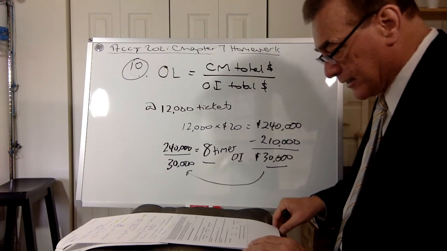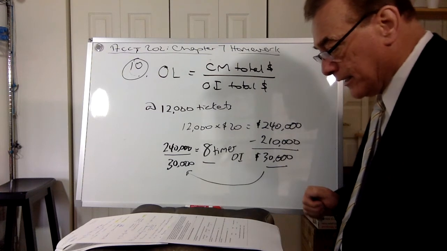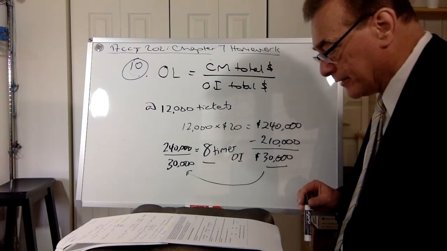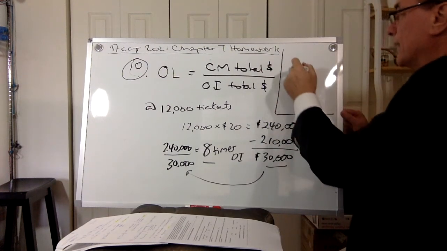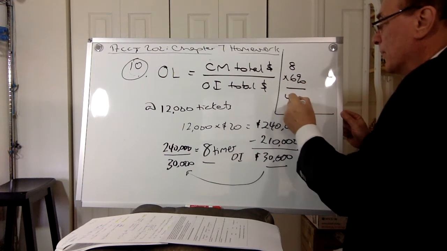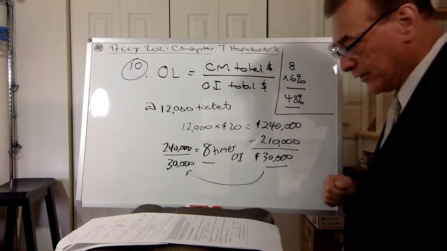All right, so the answer for the operating leverage factor is 8. And then it says, if volume increases by 6%, what percentage will operating income increase? Well, you're going to have 8 by 6%, which means that your operating income will increase by 48%, because 6 eights are 48.